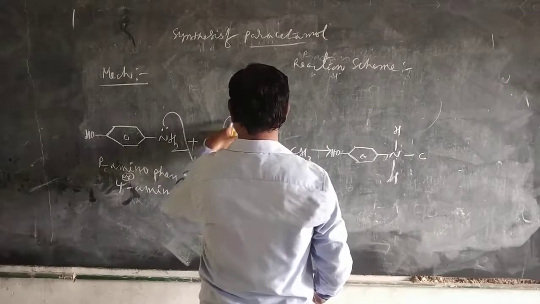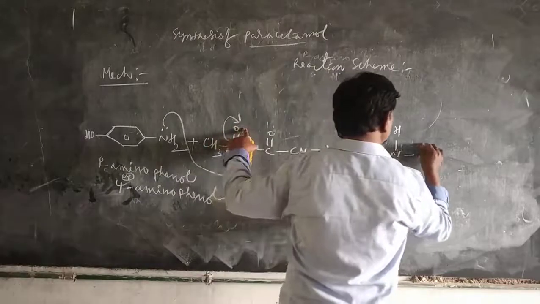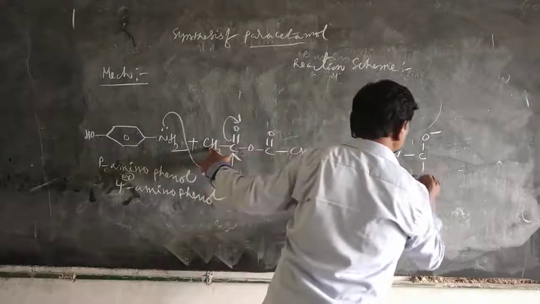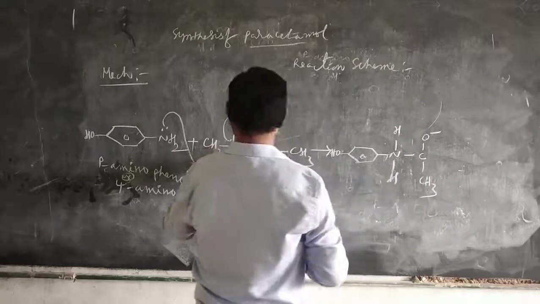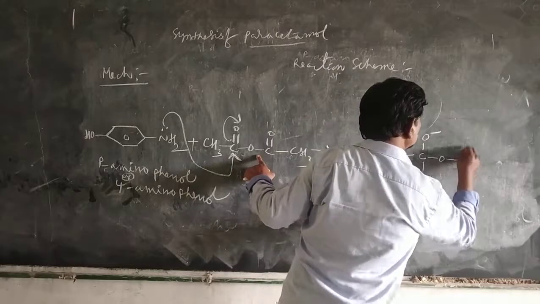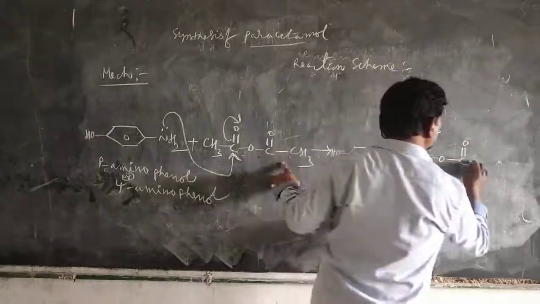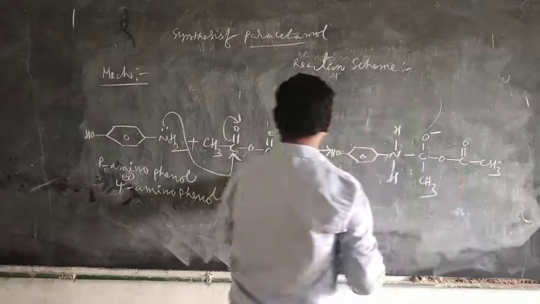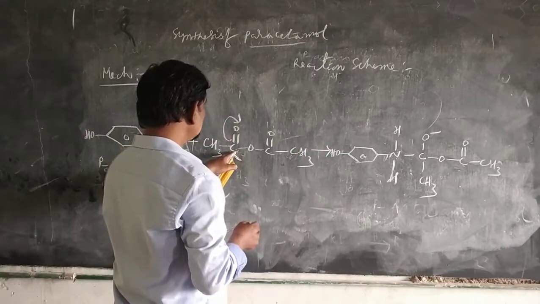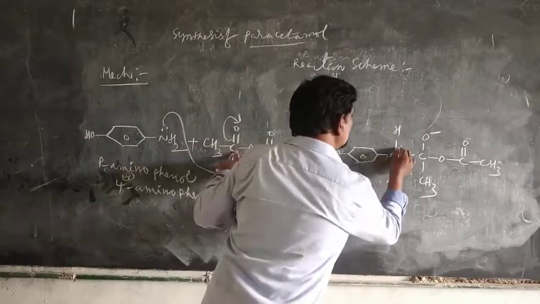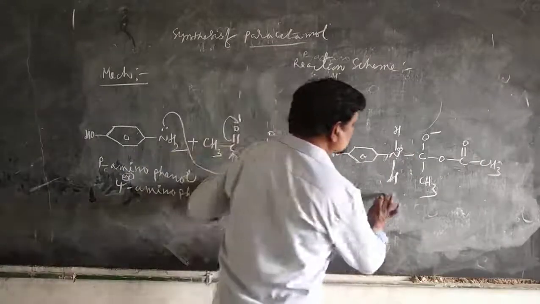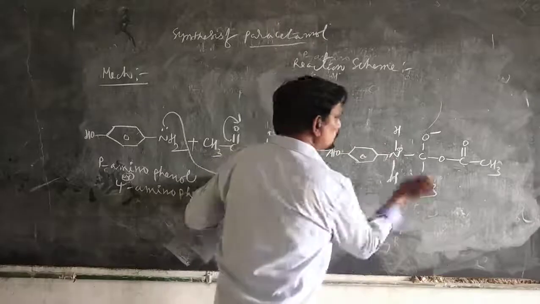The double bond shifted towards oxygen, so O minus, connected with methyl group. The remaining portion is single bond O and single bond C double bond O, with the remaining methyl group CH3. The lone pair connected to the partially positive carbon, so it gives a positive charge. So it is an intermediate compound, and it is unstable.